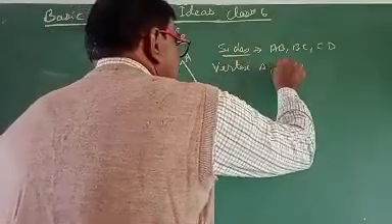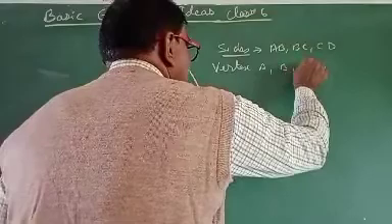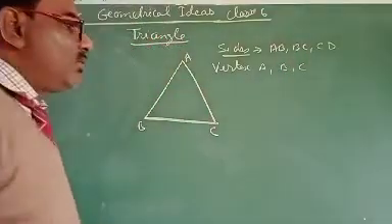A, B, and C are called the vertices of the triangle.